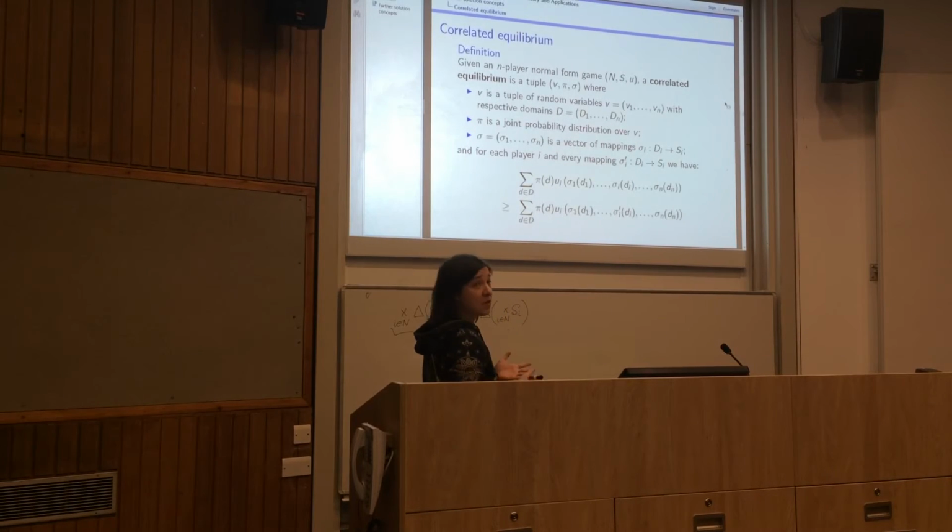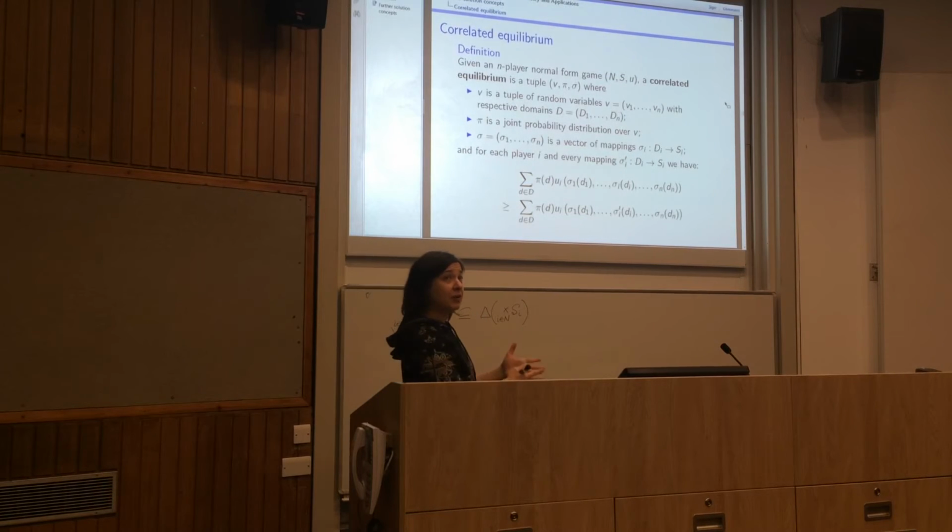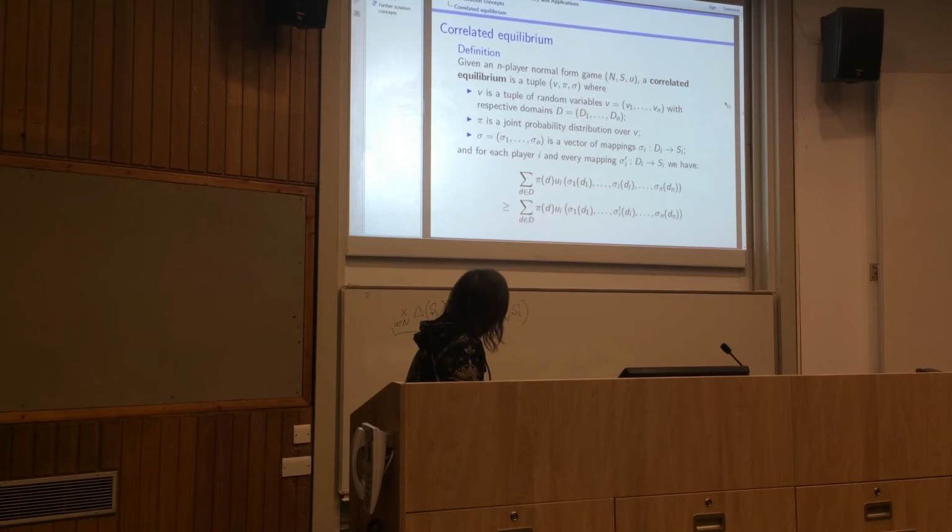Okay, so you may think of it as an abstraction, but there is something that is related to the setting in which the players play their game. Each one of them has its respective domain, D1, D2, and so on, Dn. And then we have some joint probability distribution over all of those variables.